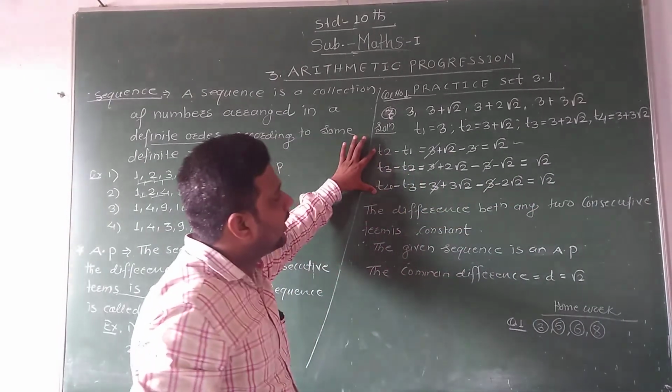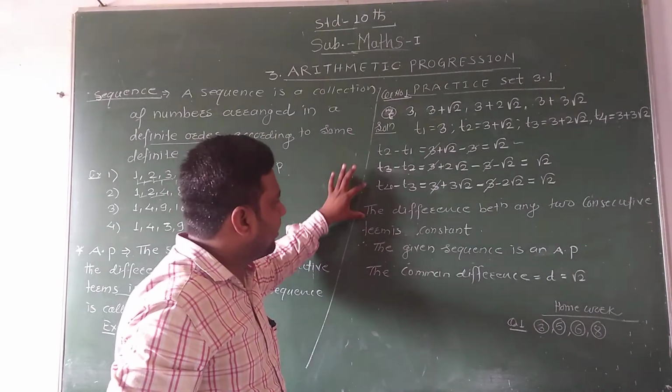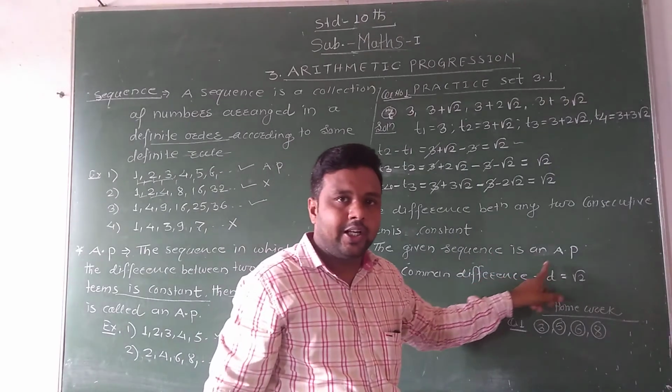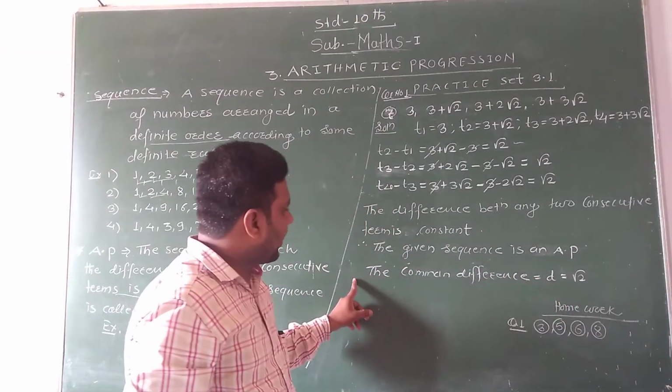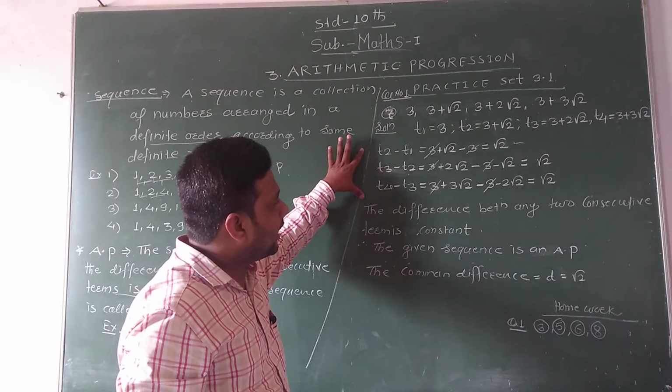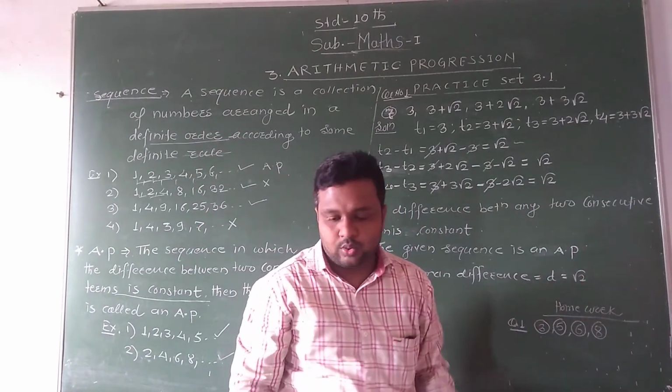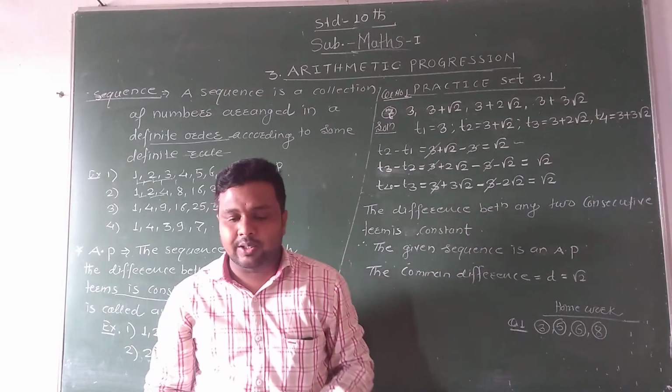Again here we get the difference between two consecutive terms is constant, therefore given sequence is an arithmetic progression. And the common difference for this arithmetic progression is d is equal to what? Root 2.